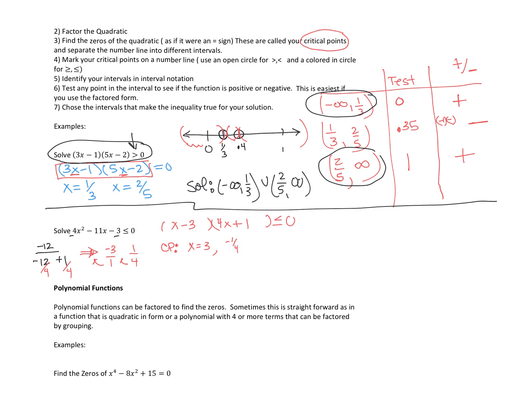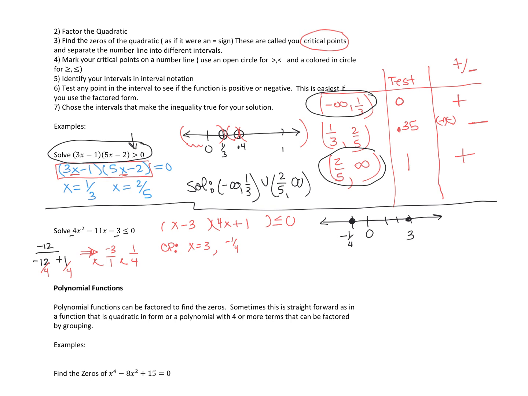Once I have my critical points, I put them on a number line. So here's 0, negative 1/4, and 3. Because this one has the equal to and the inequality, we're going to include those. And then we're going to write down our intervals.